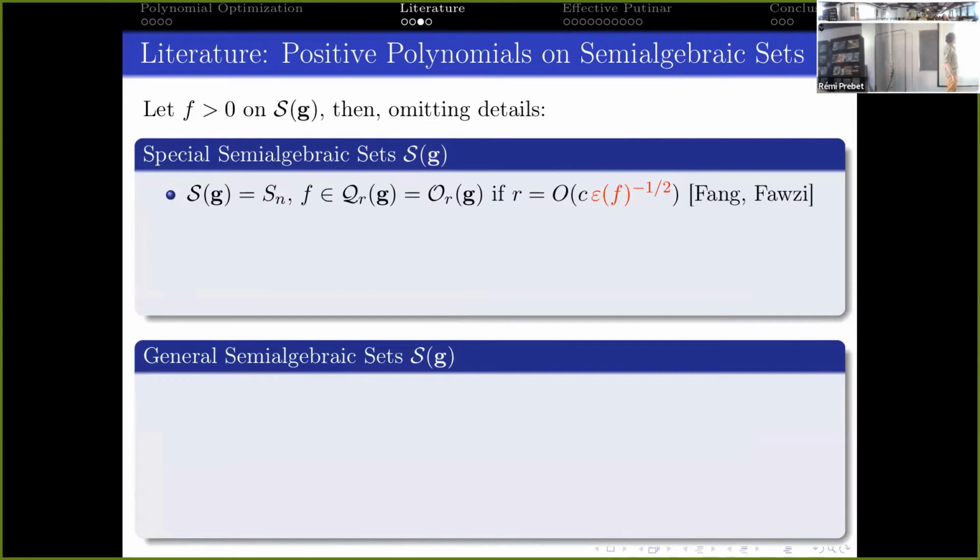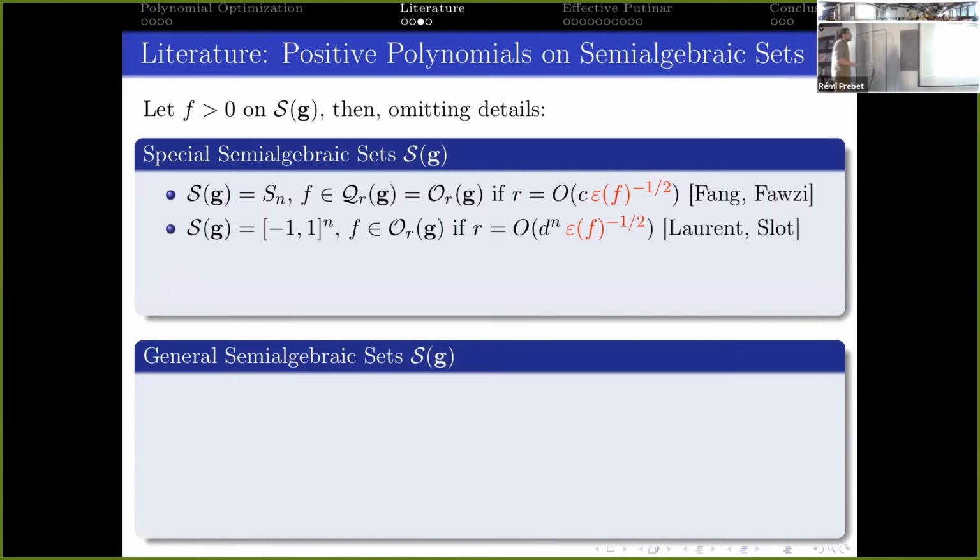If we take the semi-algebraic set S to be the n-dimensional sphere, then f can be represented in the quadratic module of the sphere, which is also the preordering of the sphere, and the dependence of r is big O of a constant C that depends on the degree and on n, times epsilon of f to the power minus 1 over 2. And this is a very good convergence that was proven by Fang and Fawzi.